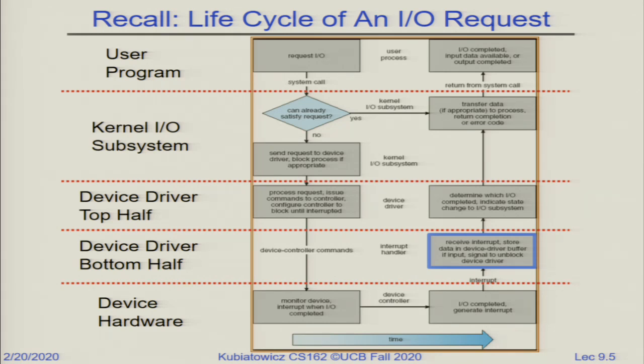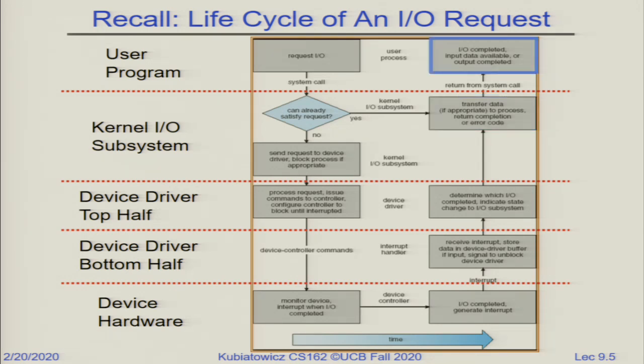Anyway, that's handled by the bottom half. When that's done, the bottom half figures out which process to match up with, and who needs the data, at which point we transfer the data into the user's buffer, and we put them back on the ready queue, and they're ready to go. And then they wake up and they run.